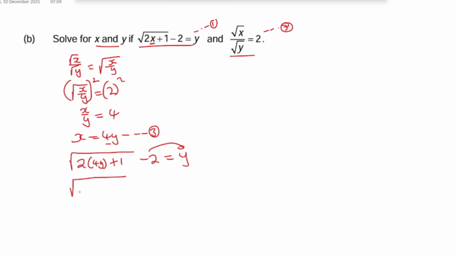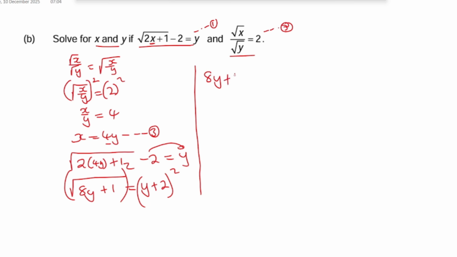It becomes square root of 8y, from 2 times 4y, plus 1 is equal to y plus 2. From here, we can square both sides. The square root and the square cancel each other out. You remain with 8y plus 1 is equal to, and then what is y plus 2 squared?